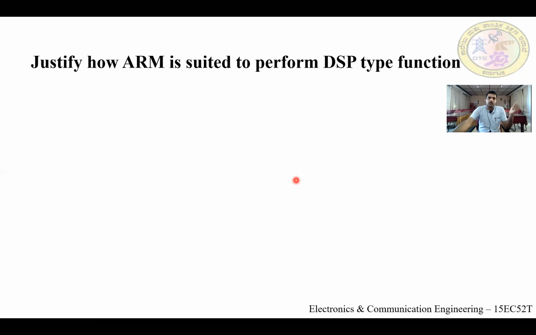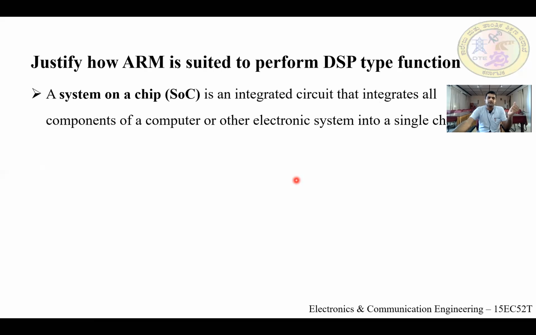Next we move on to how ARM is suited for DSP function, that is digital signal processing function. A system on a chip is an integrated circuit that integrates all components of the computer or other electronic systems into a single chip.